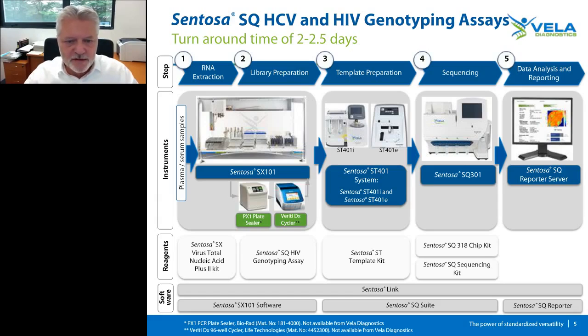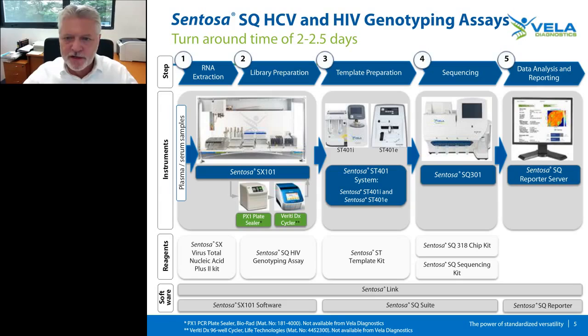The Sentosa SX101, which I already mentioned, is a robotic sample preparation system. Then we use additional systems for PCR, like the Verity Cycler, followed by template preparation on the ST401, sequencing on the Sentosa SQ301, and then the Sentosa Reporter gives you all the data in a comprehensive summary.